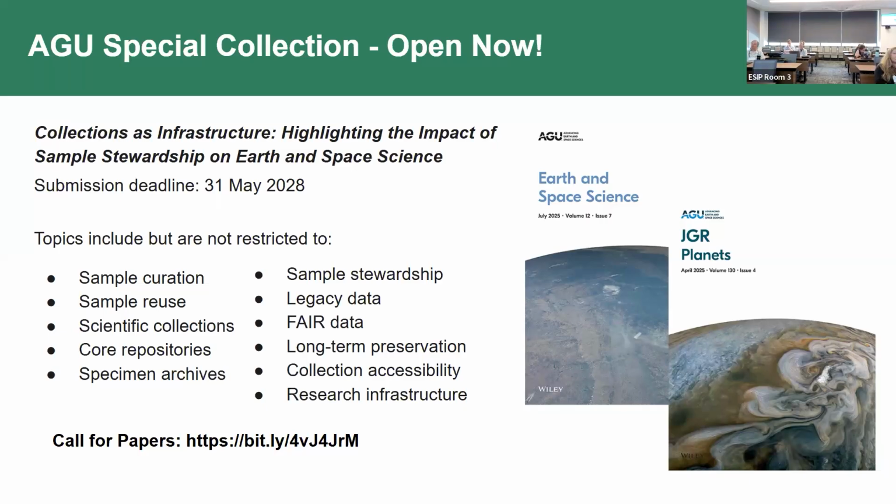This is broad by design, and so we want to engage sample users, so people that have stories to share about the benefits of using and reusing samples and the benefits of leveraging sample collections, as well as the curators of those sample collections, talking about their collections, highlighting the science that those collections have enabled, talking about their workflows and challenges. And so this special collection will be open for submissions through 2028.